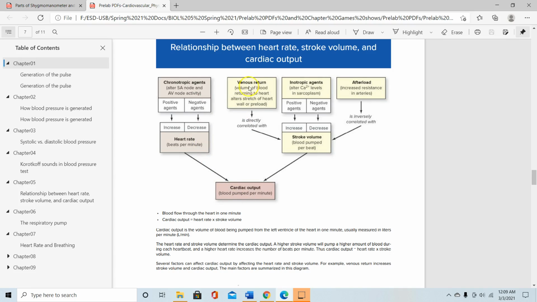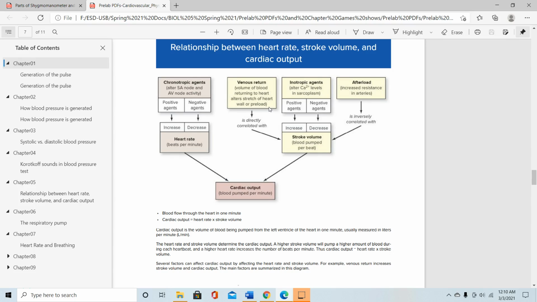Venous return. The volume of blood returning to the heart alters the stretch of the heart wall, or preload. So somehow if your leg veins and body veins are returning more blood to your heart, that will increase the size of the heart, the stretch, the volume of the heart.